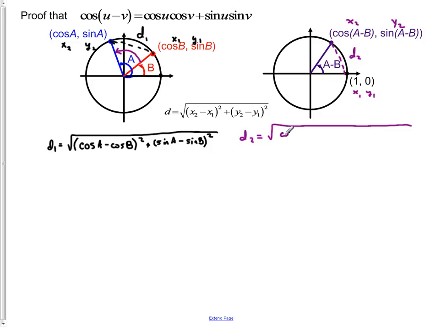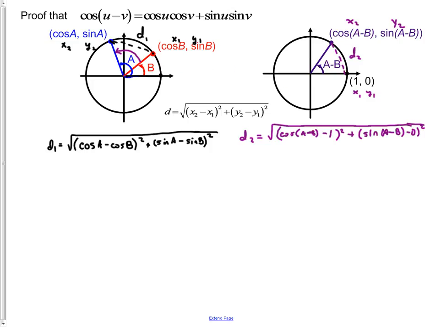So we're going to take cosine of the angle A minus B minus 1 and square that quantity. And we're going to say that if we add that to sine of the angle A minus B minus 0, square that quantity, we would have an equivalent distance between these two.